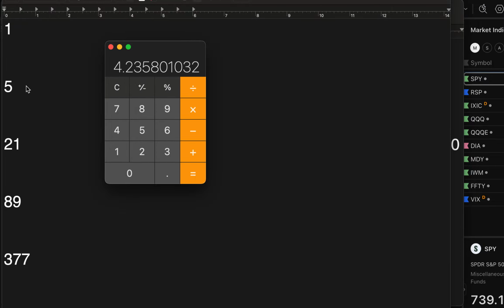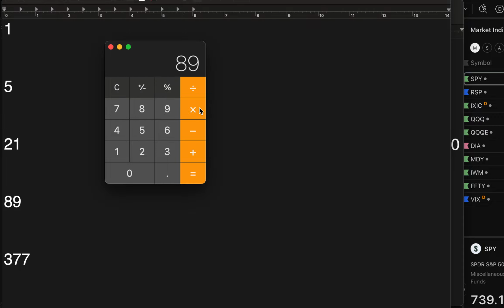So the ratio between these numbers is about 4.236. So we go 5 times 4.236, you get 21. And if you go 21 times 4.236, you get 89.